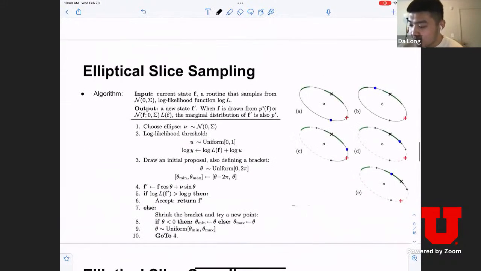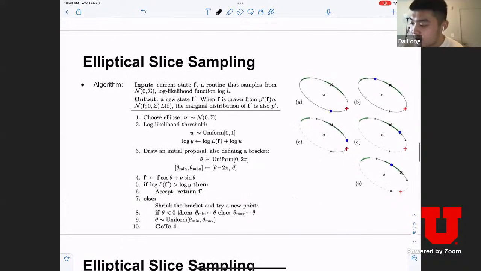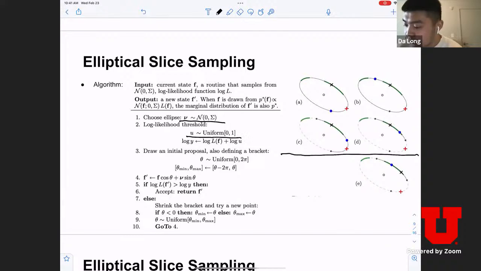The sampling procedure is here. The graph from A to D is the sampling process. First you sample V from the prior, and then you sample U. The U here is used to check whether U is less than the acceptance rate.